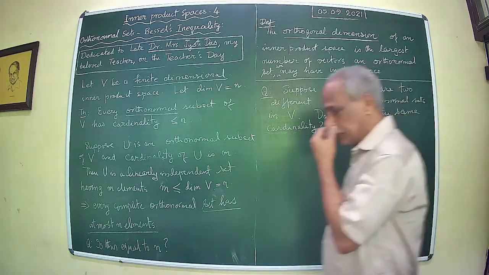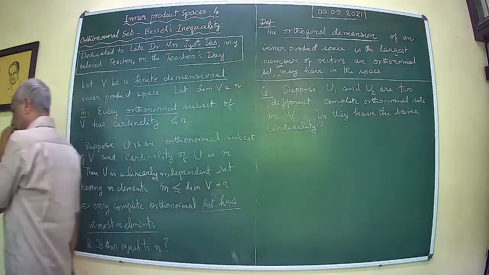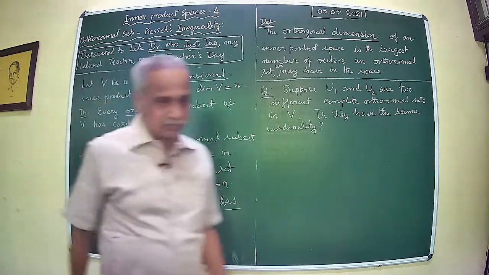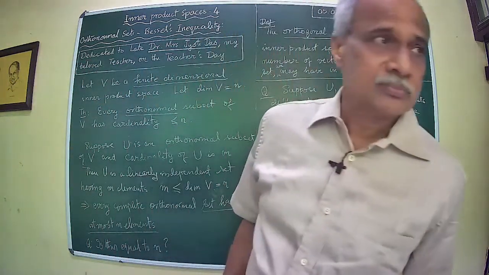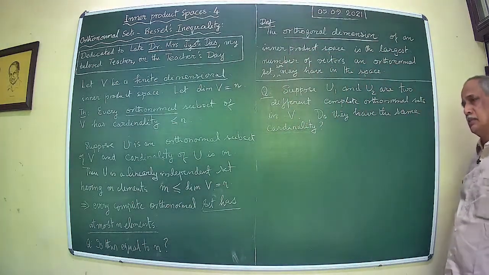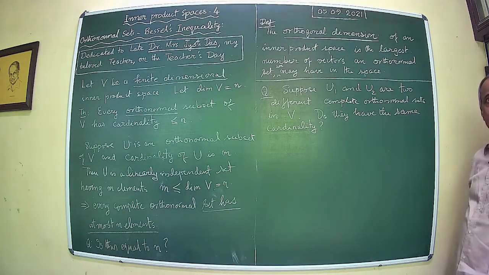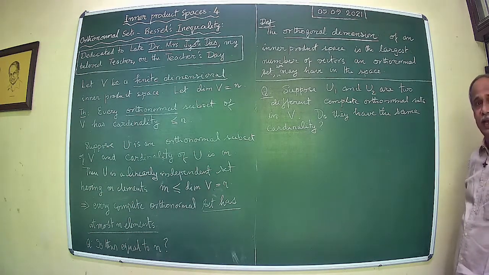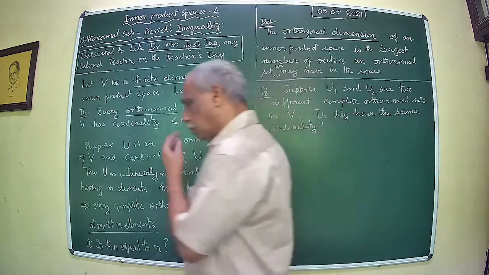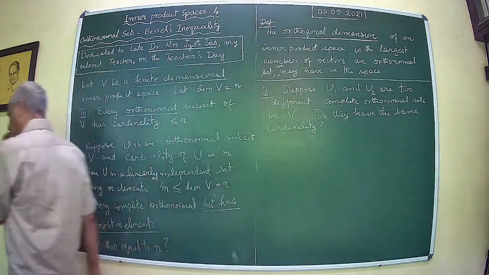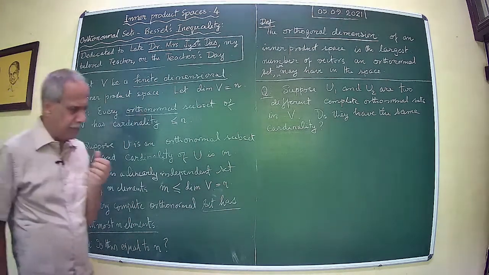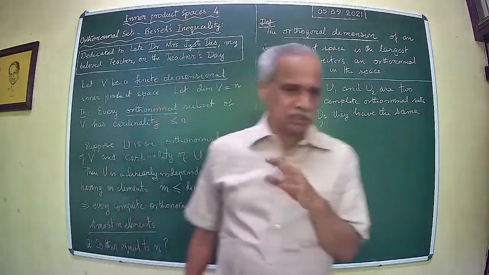At the moment we cannot answer this, but we will certainly find an answer to this question. In fact, we shall show that in a finite dimensional inner product space, any two complete orthonormal sets have the same number of elements, equal to the dimension of the space.